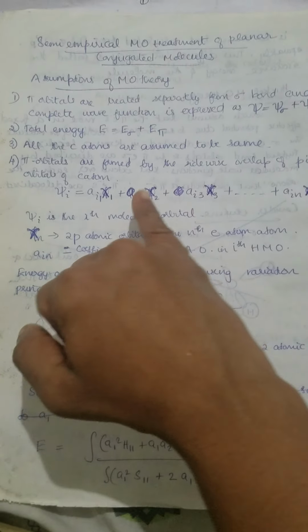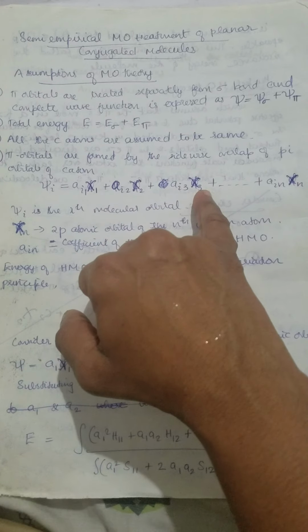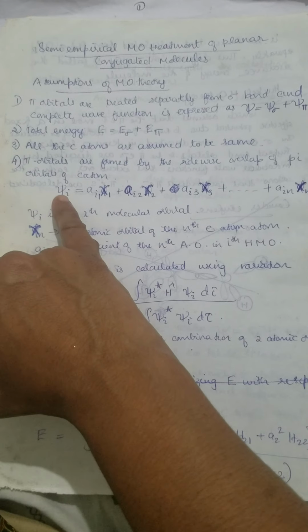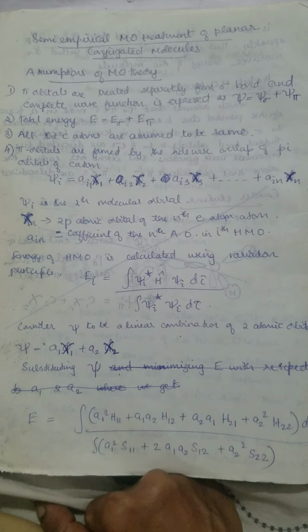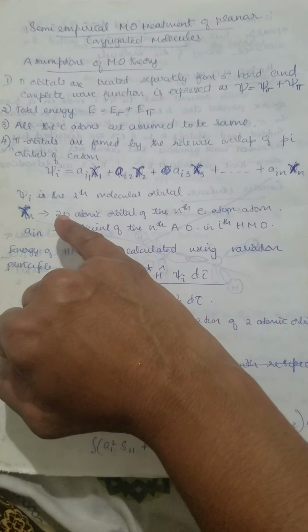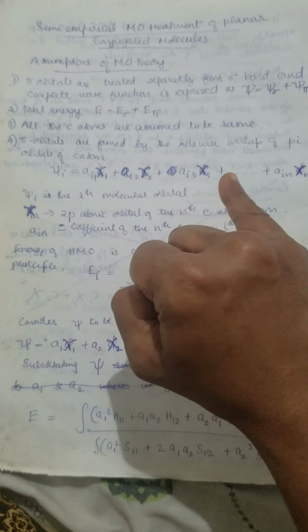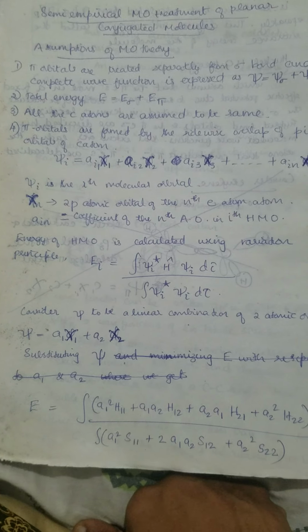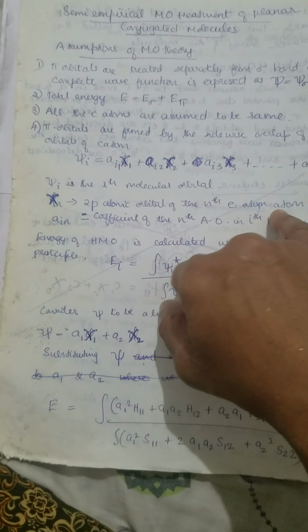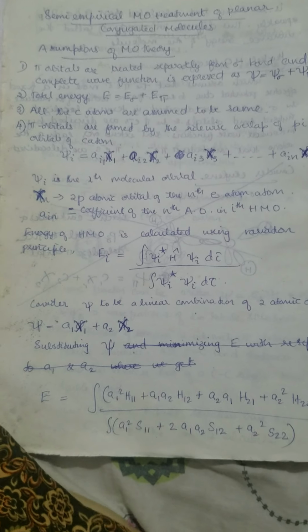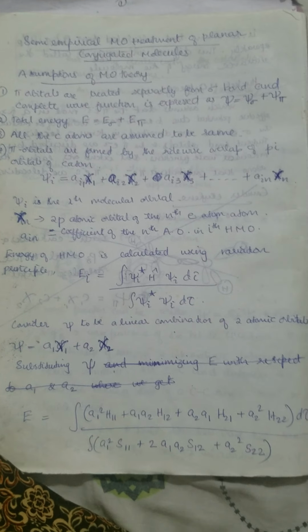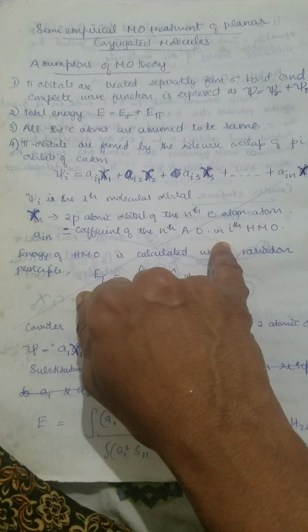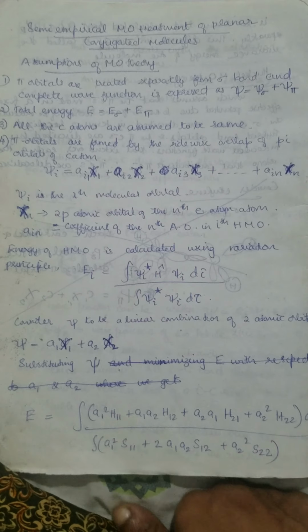Chi-n represents the 2p atomic orbital of the nth carbon atom. a_in is the coefficient of the nth atomic orbital in the ith Huckel's molecular orbital.